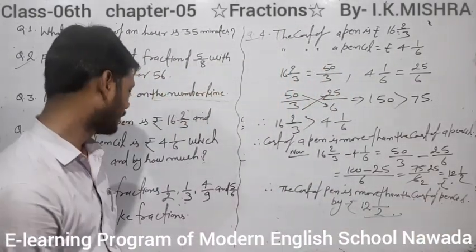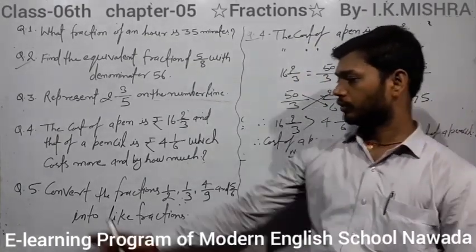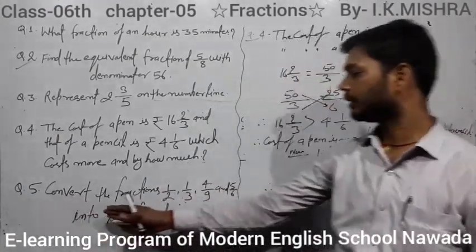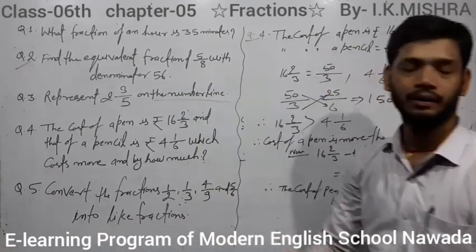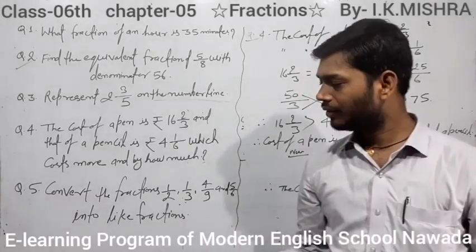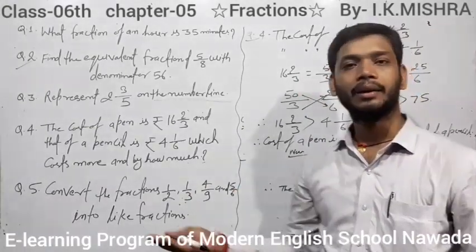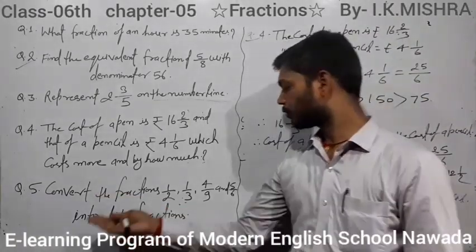Clear, friends? Now after that you have to convert the fractions into like fractions. Friends, I think you already know, but you have to do the practice of this. So you have to solve.